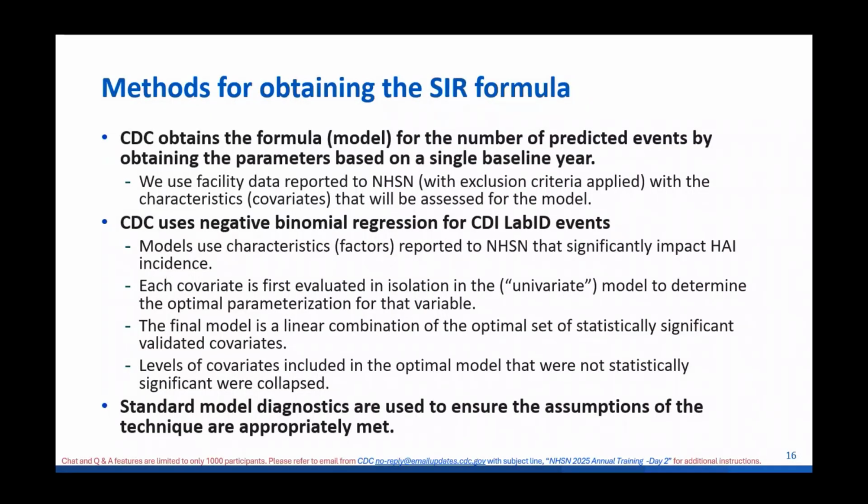Now, at the very end, when all of this dust settles, we have a lot of variables in a model. We may do additional simplification after that to create the most parsimonious model we can. And finally, at the end, we run several model diagnostics to assure that the background assumptions are being met. Next slide, please.